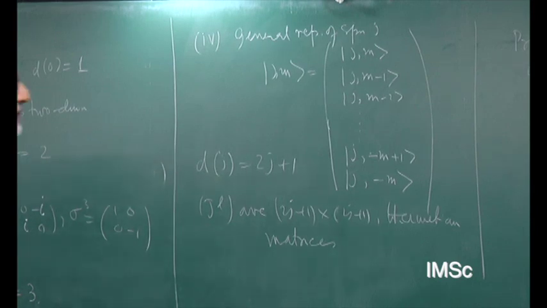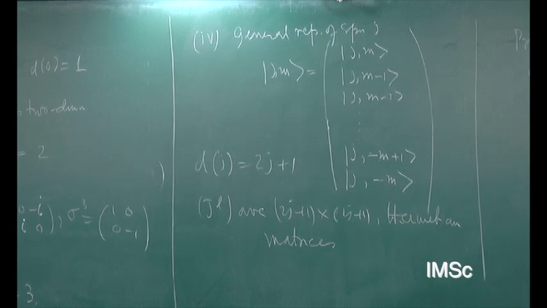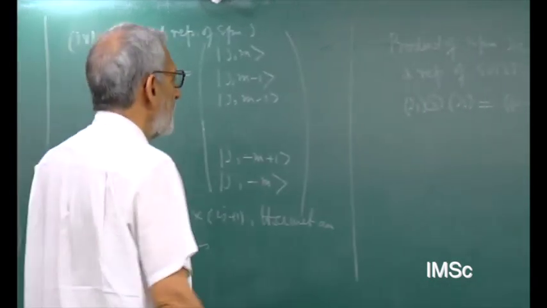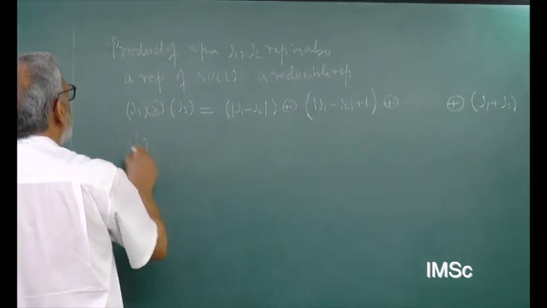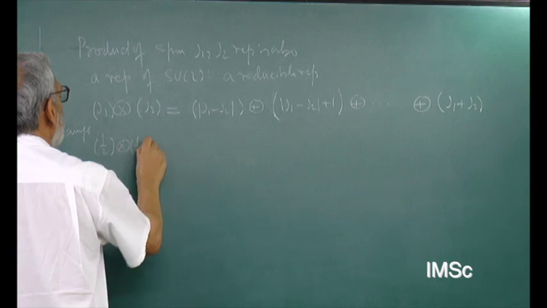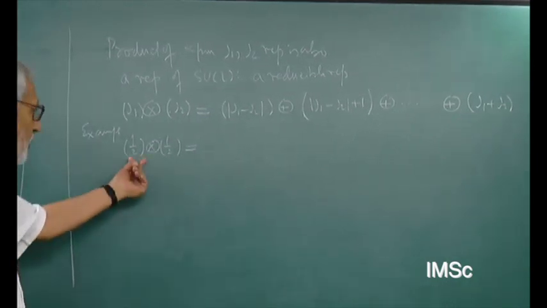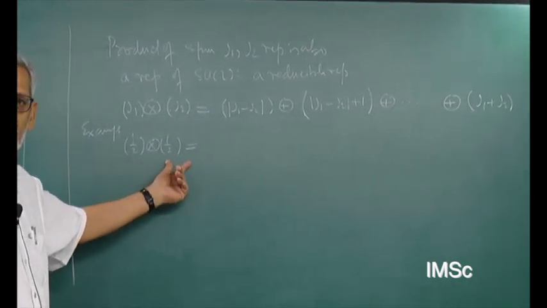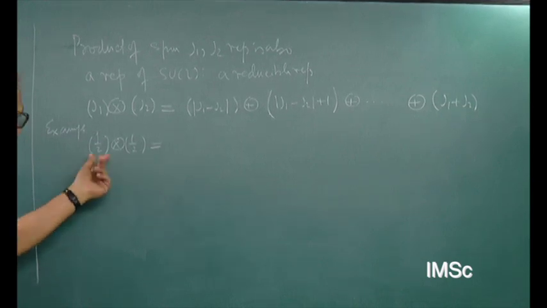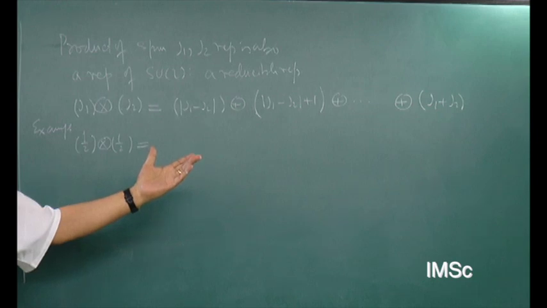In particular, let me take a simple example, and this whole discussion was just to get that simple example. Think of a spin half representation and multiply it by another spin half representation. This is a two-dimensional representation, this is a two-dimensional representation. So this has two components, this has two components. Together they have 2 cross 2, 4 independent components.